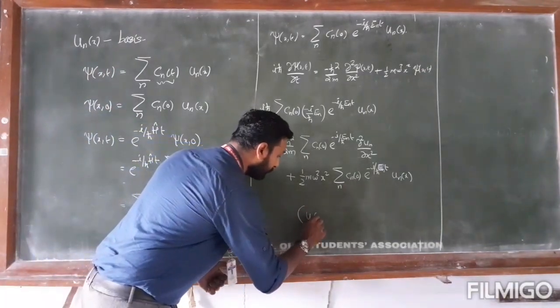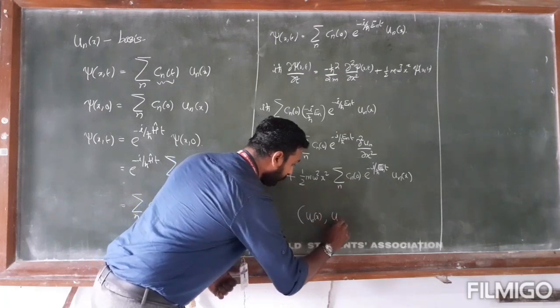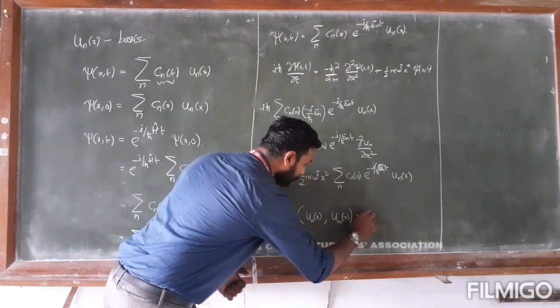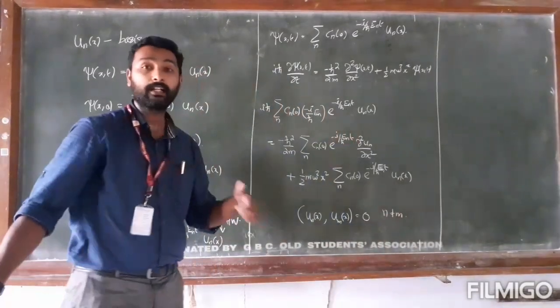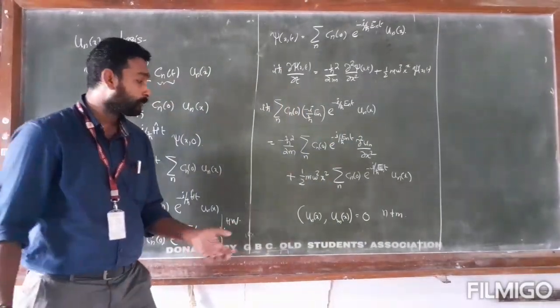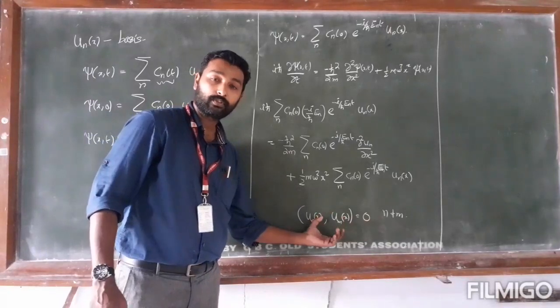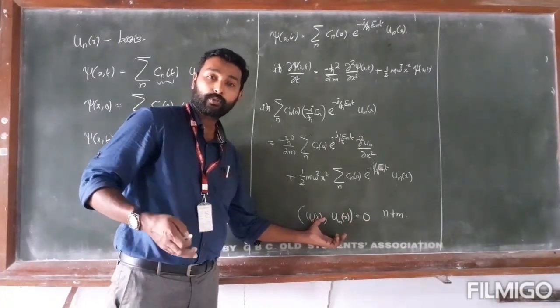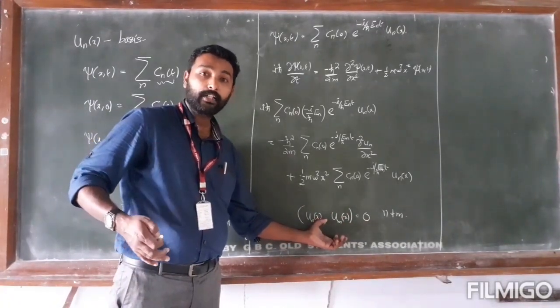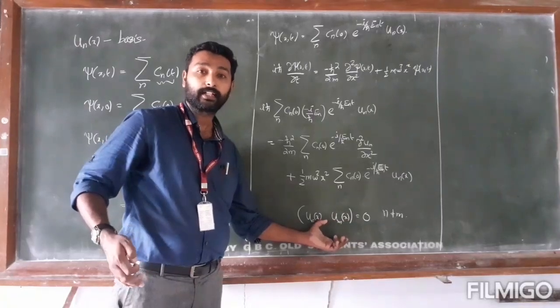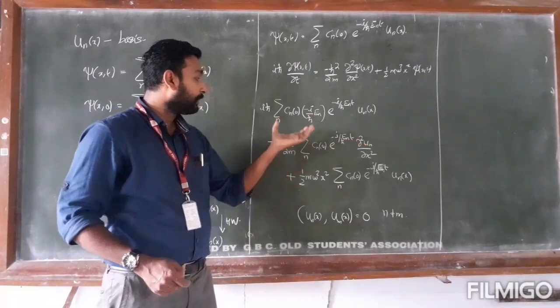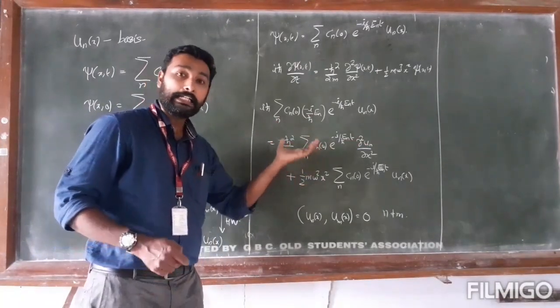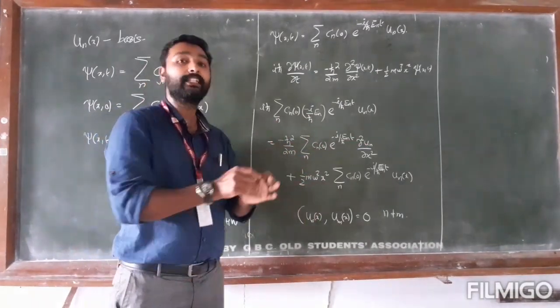The inner product of un of x and um of x is always 0 if n not equal to m. So this shows that the un of x are orthogonal, completely independent of each other for different eigenvalues. Therefore, while summing over, this equation should be valid independently for each index.